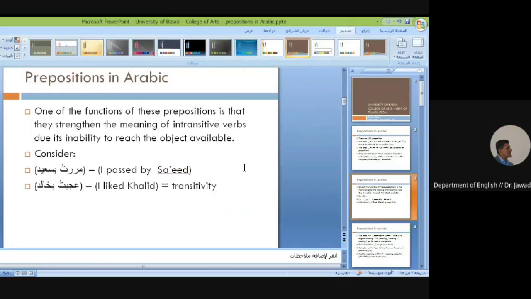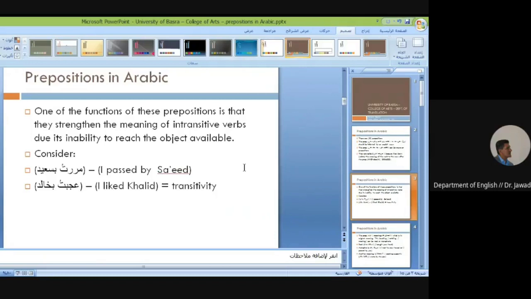When we have an intransitive verb, it is said that it is weak. It cannot govern an object by itself. So it needs a medium, something to support it in order to take an object. So prepositions can do this job.